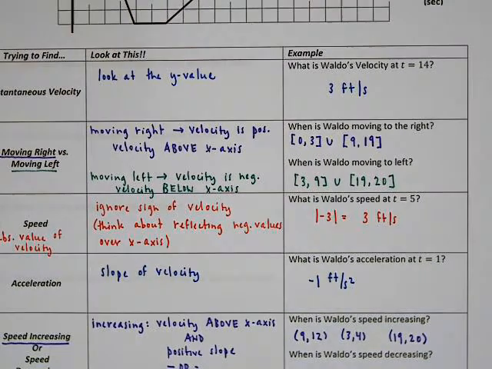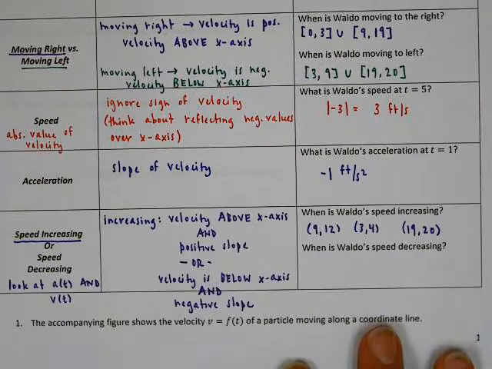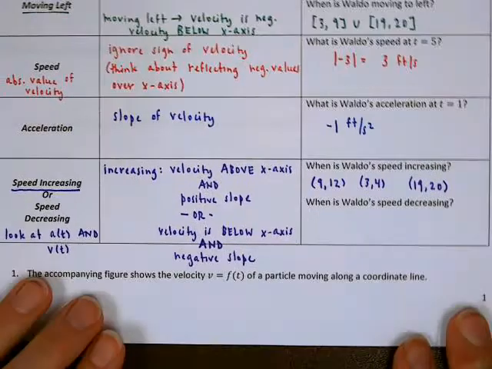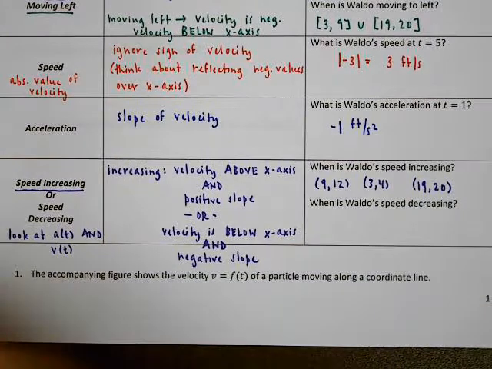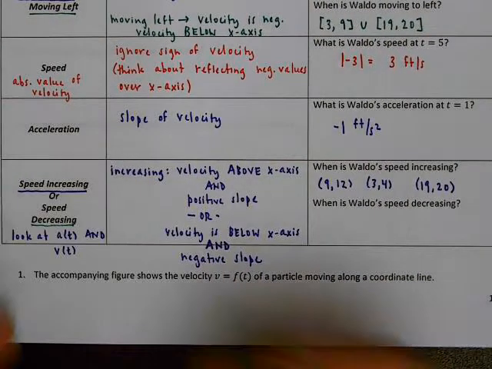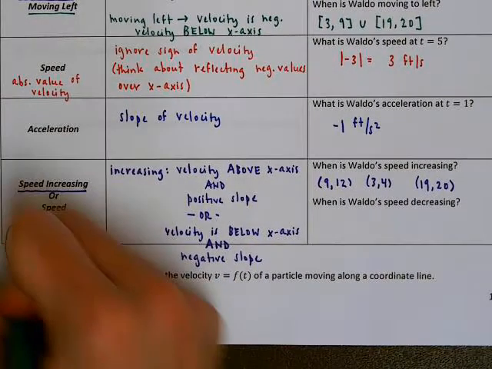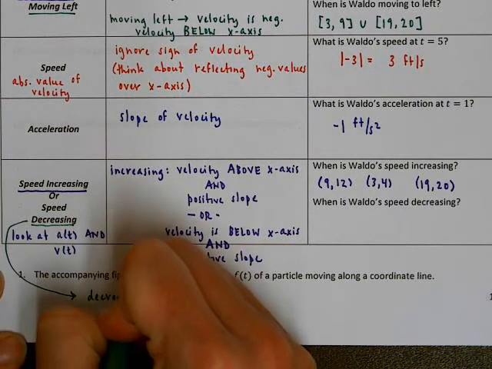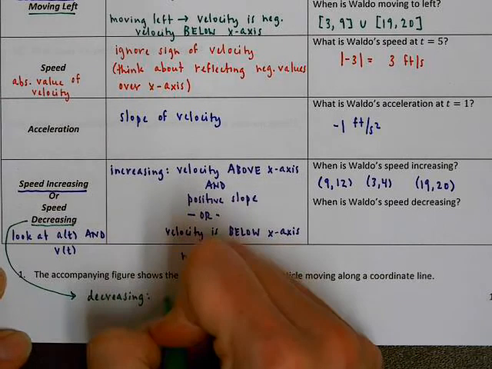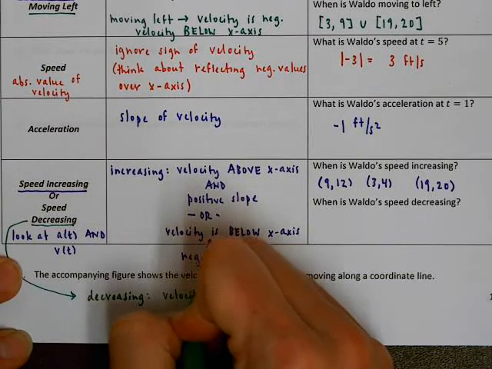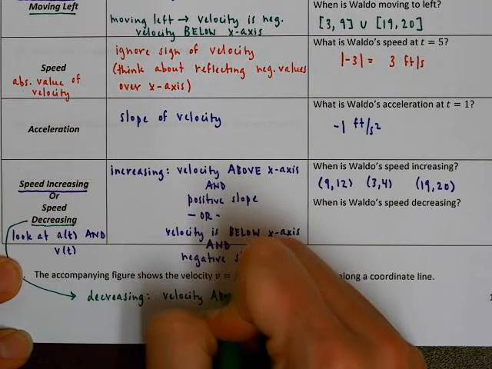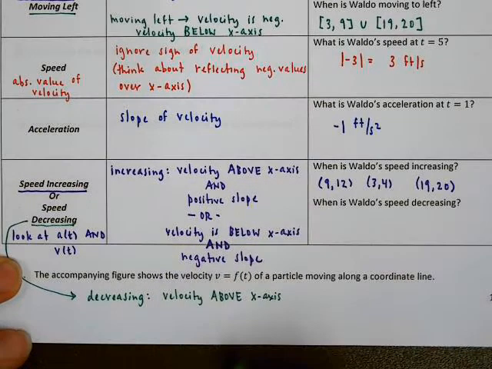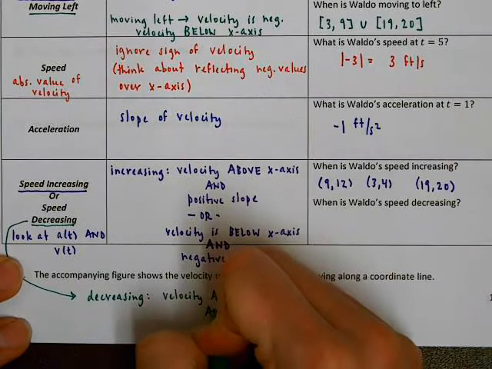Now, speed is decreasing. I'm going to put this at the bottom here. These directions really should be on the next page. For decreasing, what that means for me now is that velocity is above the x-axis, so it's positive, but if I'm decreasing, it means my slope should be negative.